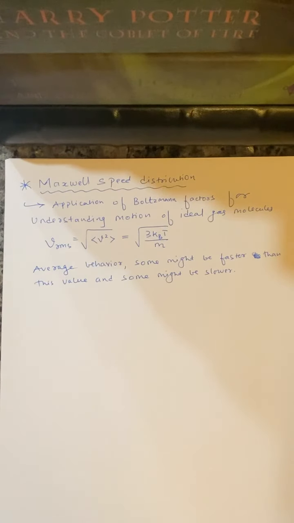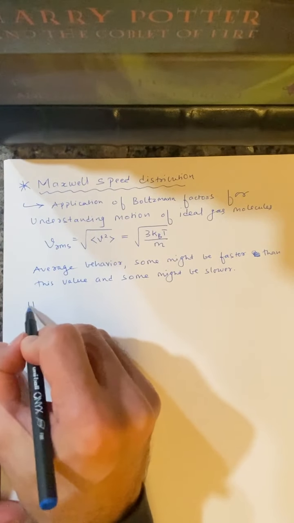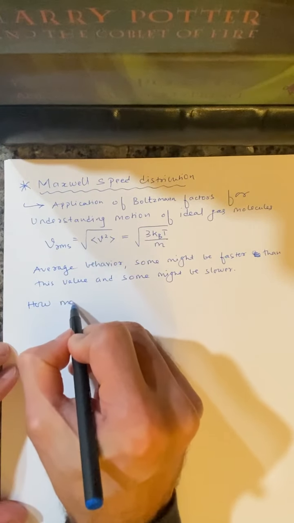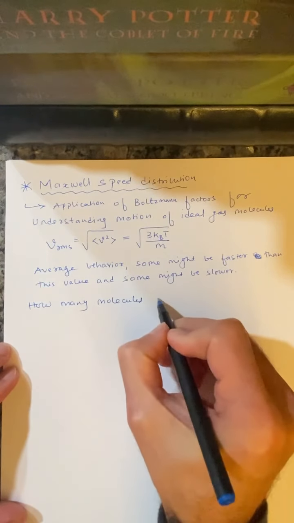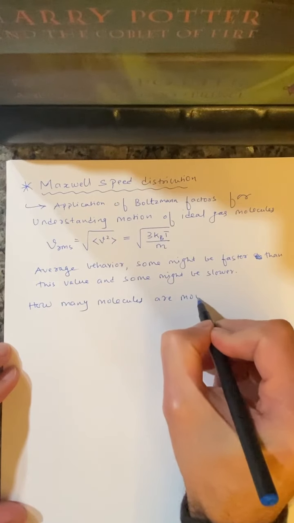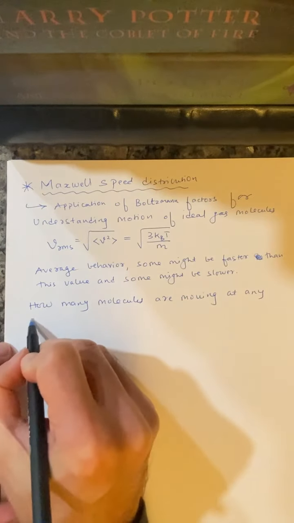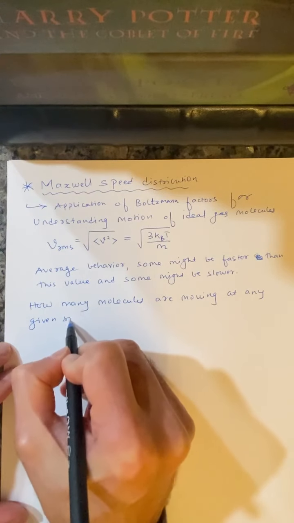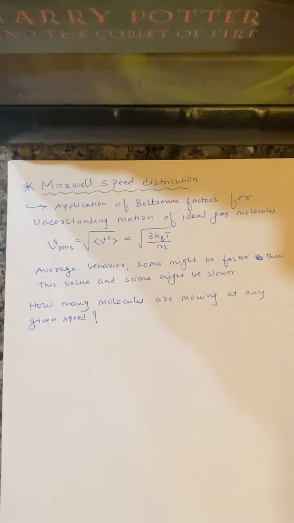In this case, how many molecules are moving at any given speed, for example? Our obvious question could be how many molecules are moving at any given speed? If someone asks you that question, we don't have a direct answer to that.